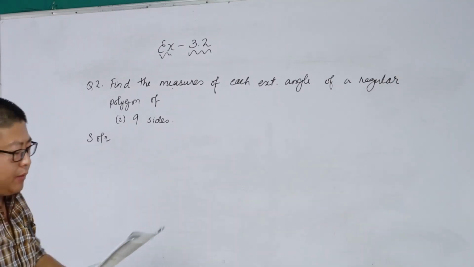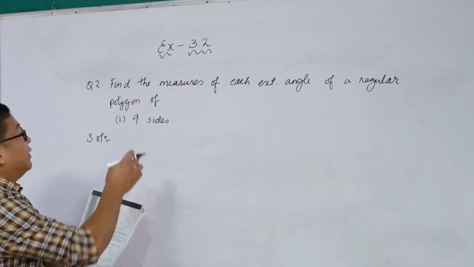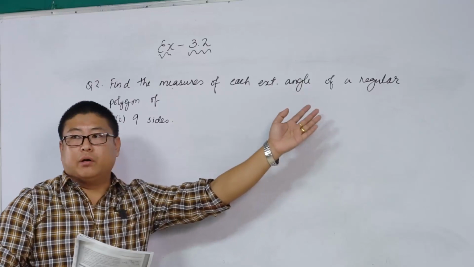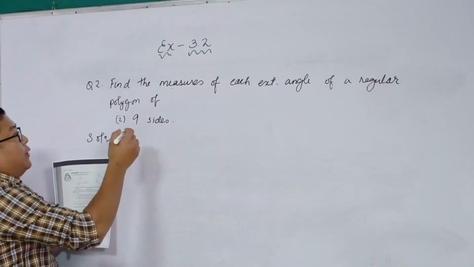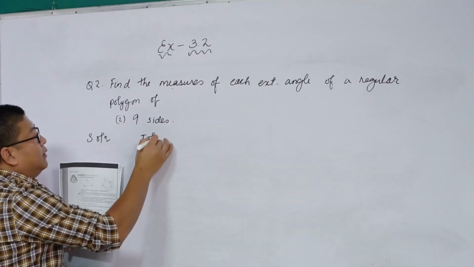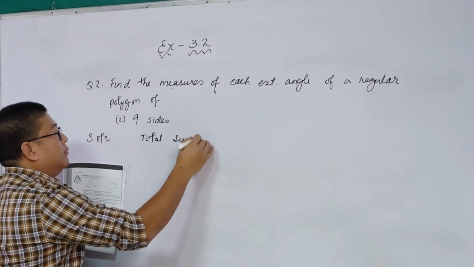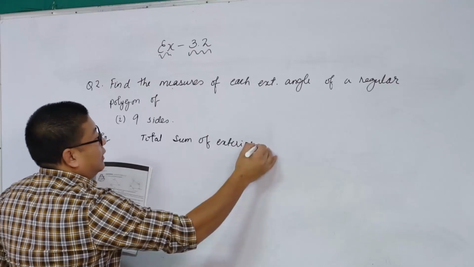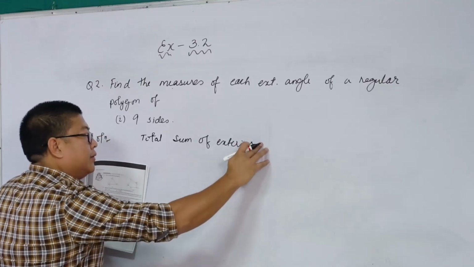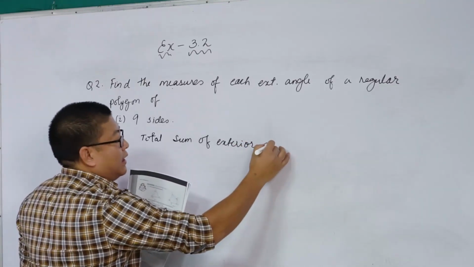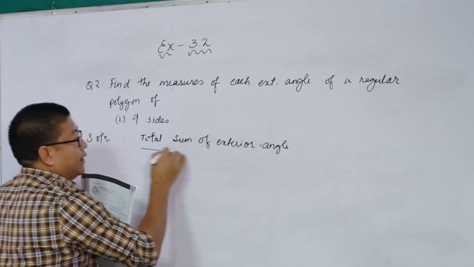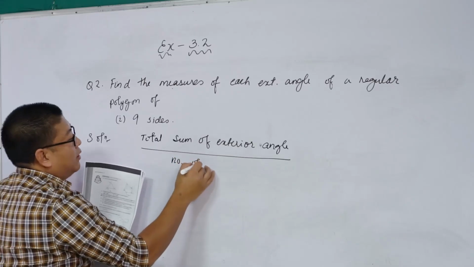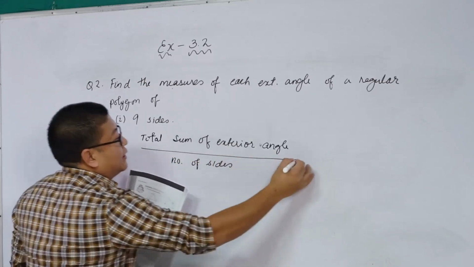There is a formula with which we can find the exterior angle of a regular polygon. Now we know that the total sum of exterior angles is always 360 degrees divided by the number of sides.